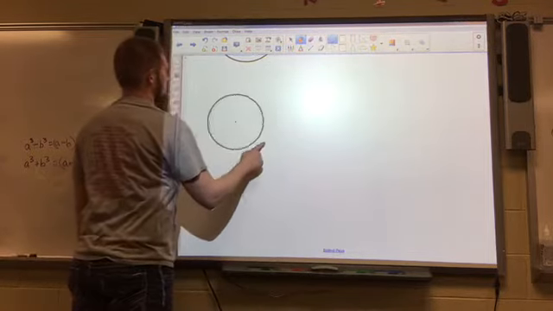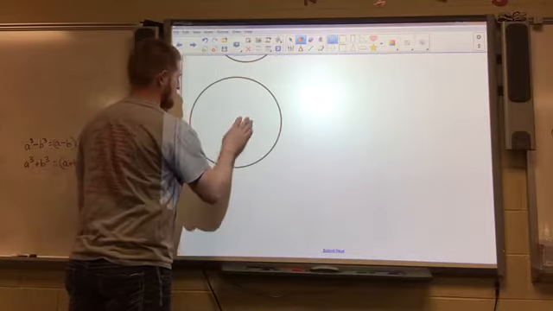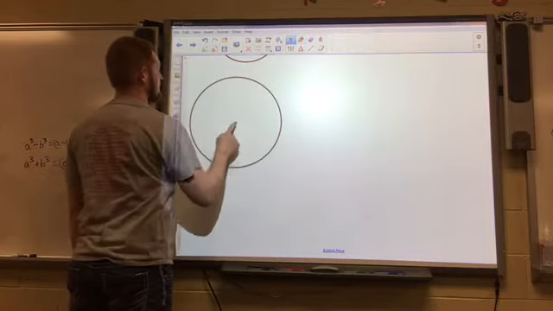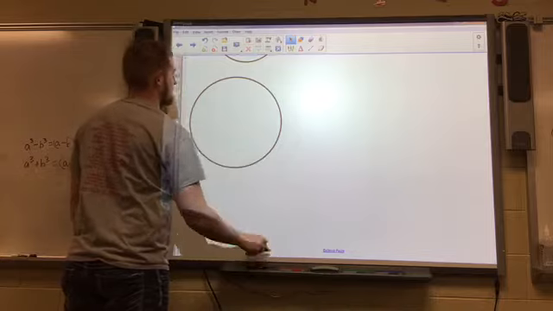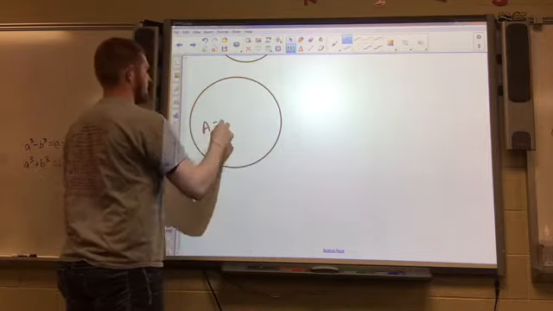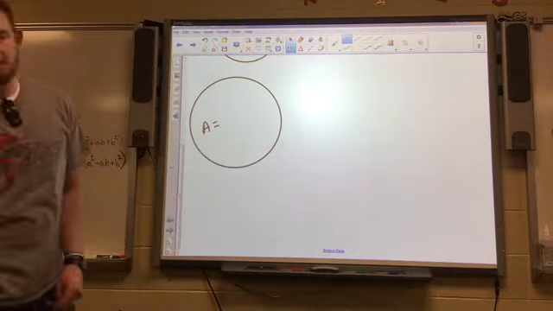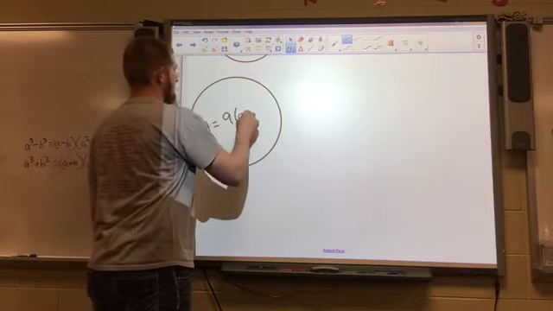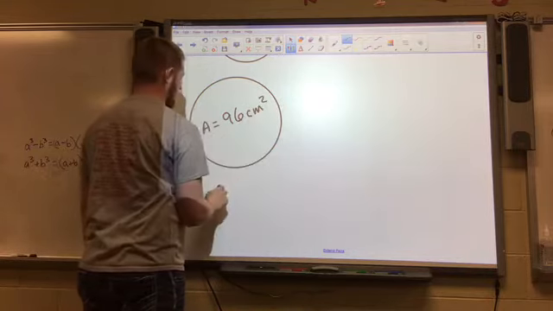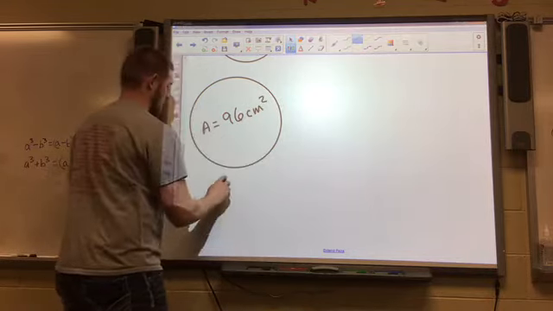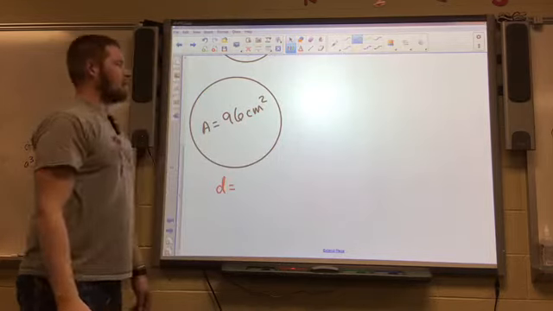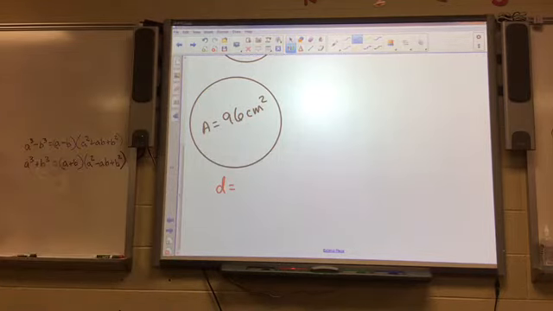Next example. They tell me that the area equals 96 centimeters squared. They want to know what's the diameter. Is there any relationship that we know between area and diameter?